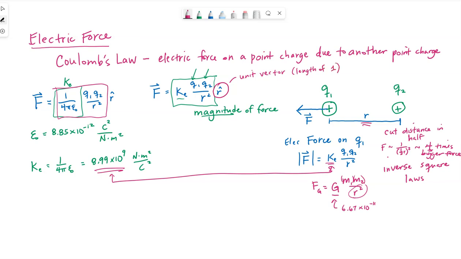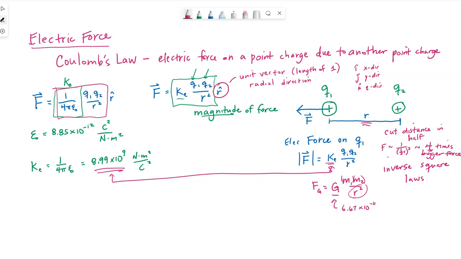So if you remember, i hat was a unit vector in the x direction, j hat was a unit vector in the y direction, k hat is a unit vector in the z direction. r hat is a unit vector, but it's in what we call the radial direction. We know that the force that a charge experiences due to another charge is either directly away or directly towards the other charge.